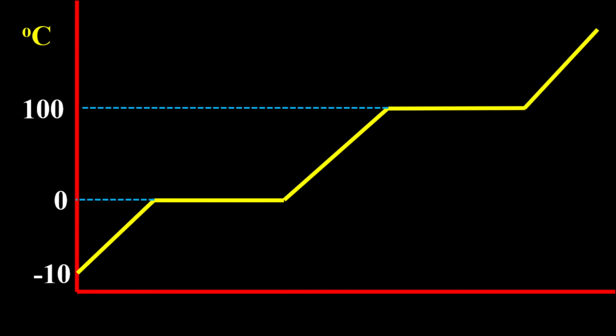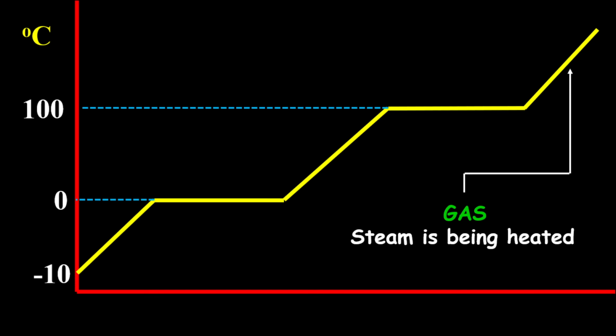Importantly, you could still continue to apply heat to this, so there will be a gradual increase in temperature, and therefore the gas will be heated, so steam could get hotter and hotter. All right, and so this is a graphical representation.